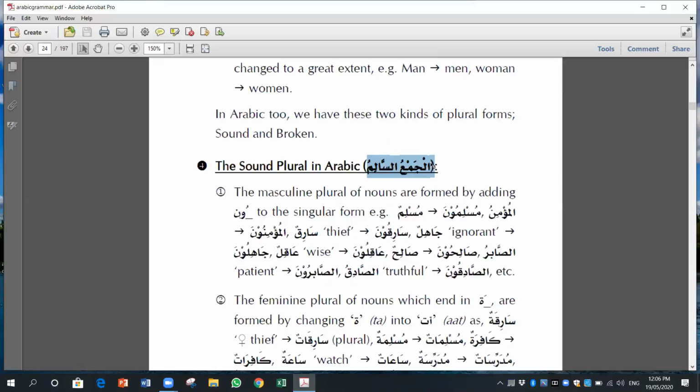What is an example in Arabic? It's written on the screen. Muslim becomes Muslimun by just adding waw noon. That is the rule: we add waw noon at the end to make it plural, right?